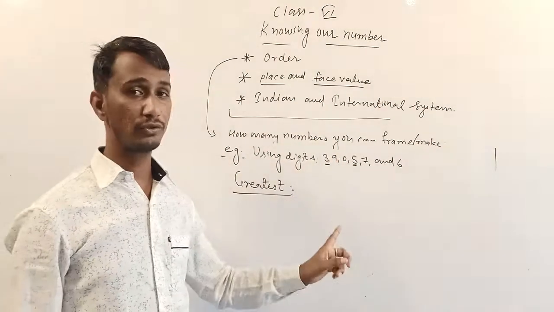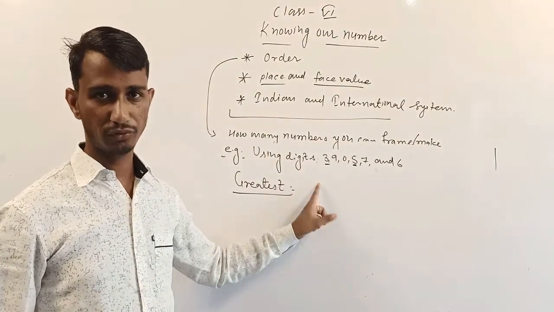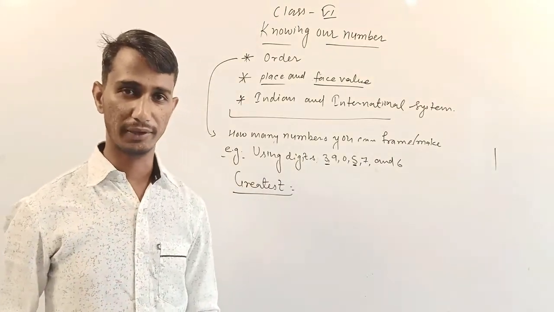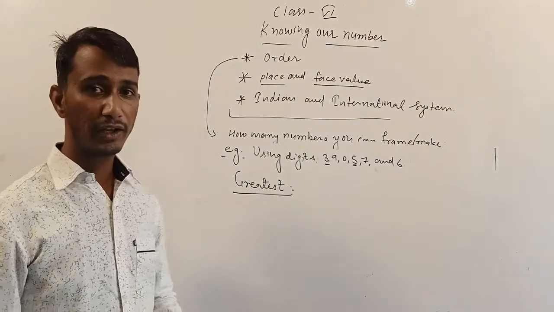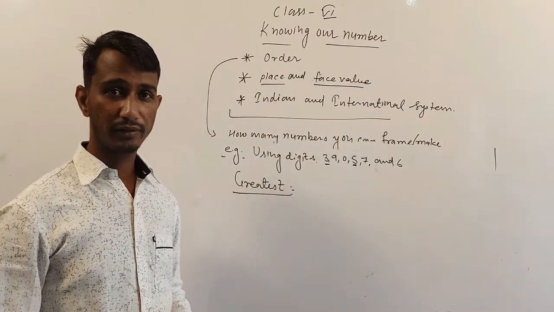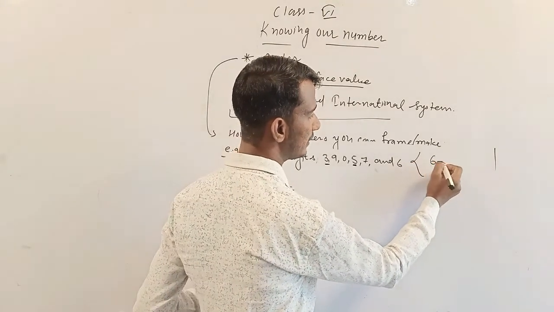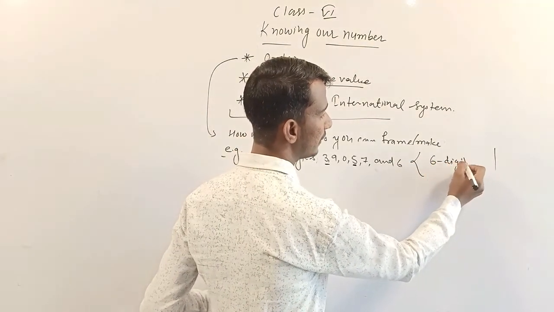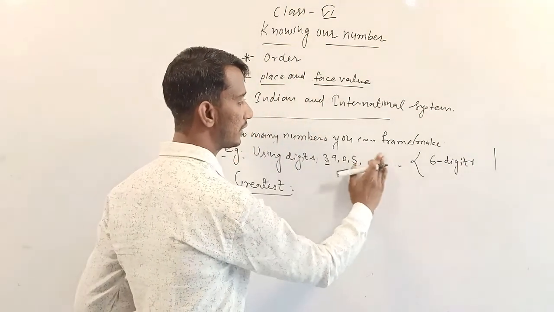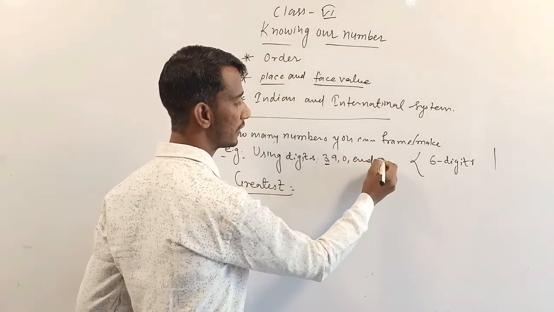You are allowed to repeat 5 2 times and 3 2 times. So how to frame the greatest number and how to frame the smallest number? Dear student, look here. Now I am framing the greatest 6-digit number, and now I am doing some things. I have given only 4 digits in this question.